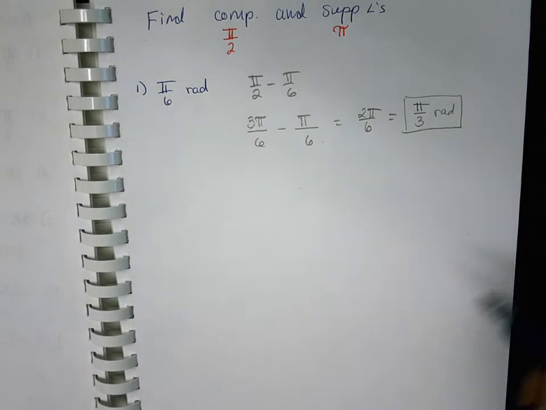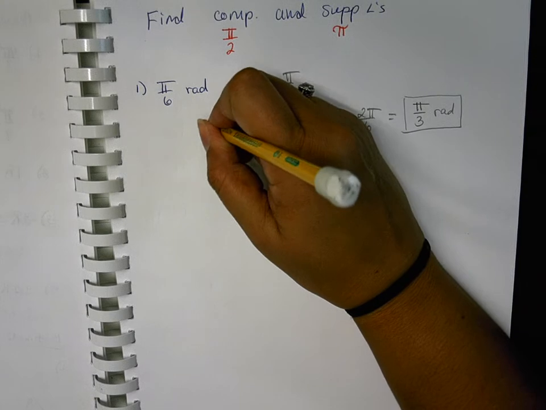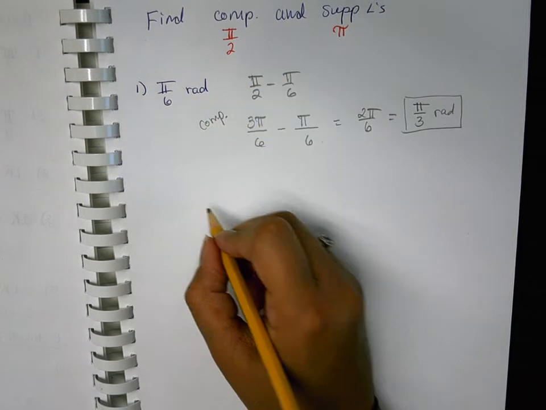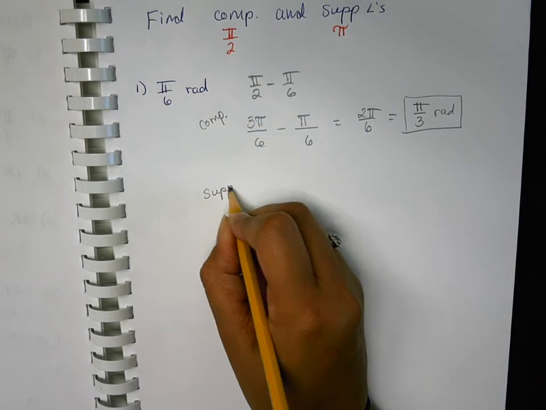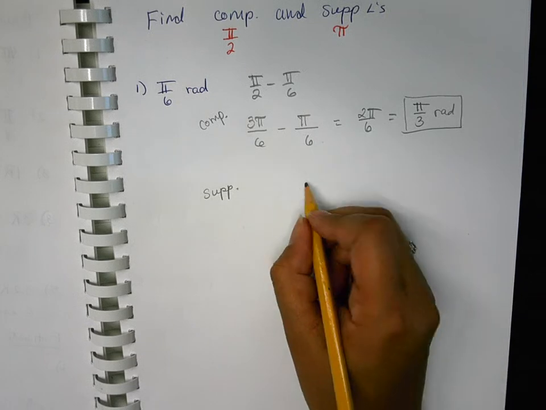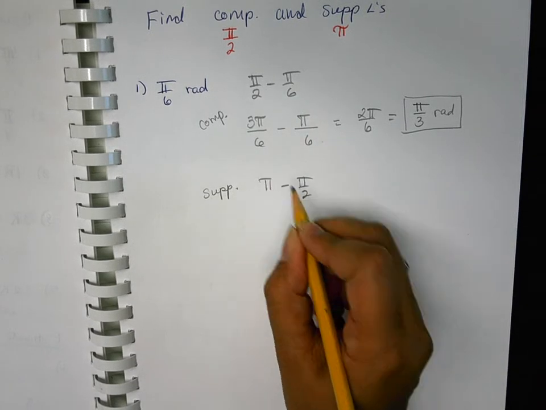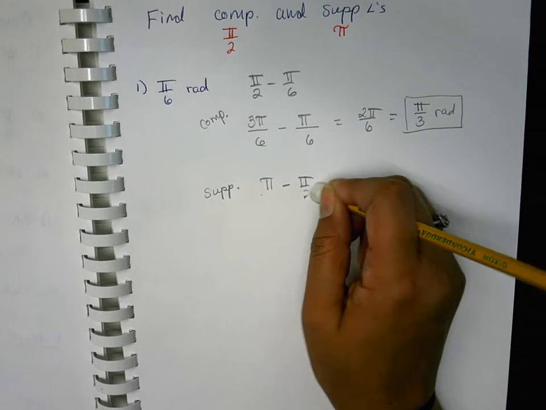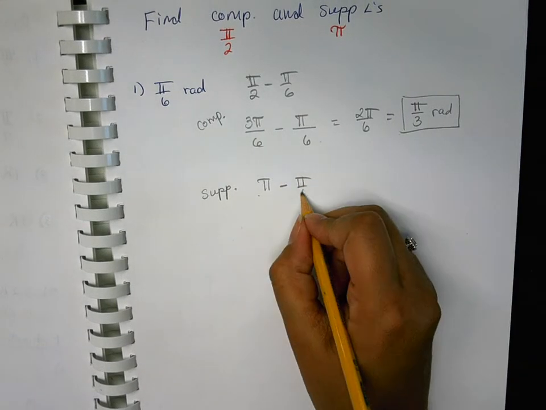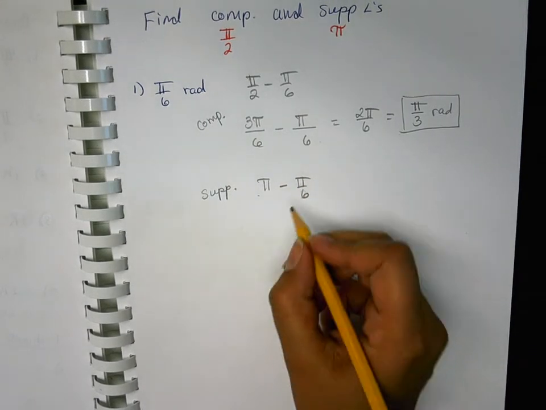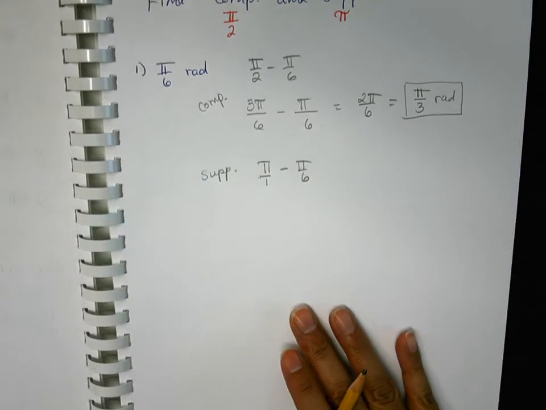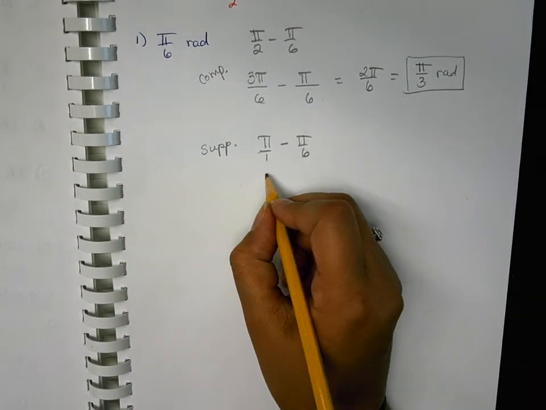Oh, forgot the supplementary. This here was the complementary. Now we're going to do the supplementary. So instead of subtracting from pi over 2, I'm subtracting from pi. And I wrote that one down wrong. Pi over 6 subtracted from pi. That's an easy common denominator. What's pi going to become? 6 pi over 6.